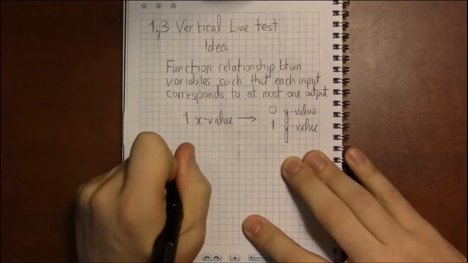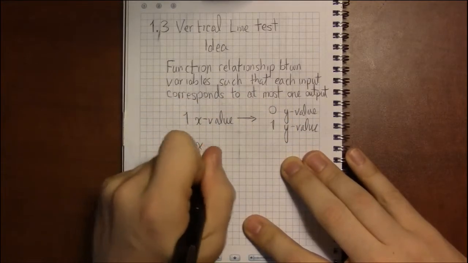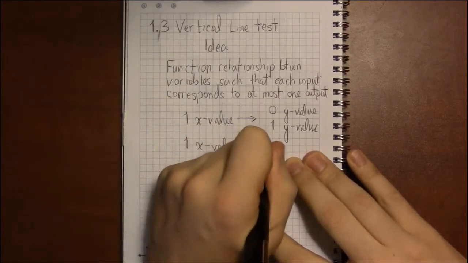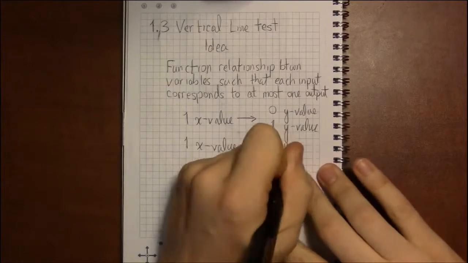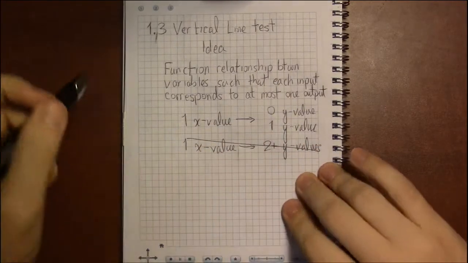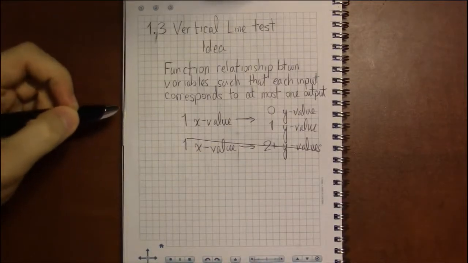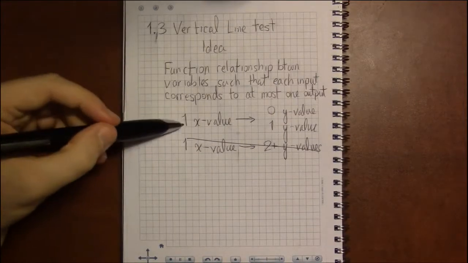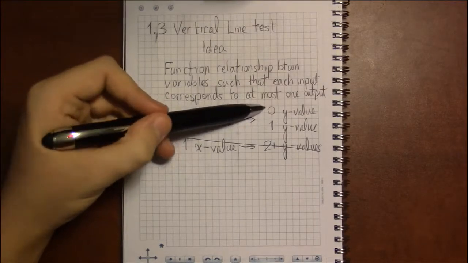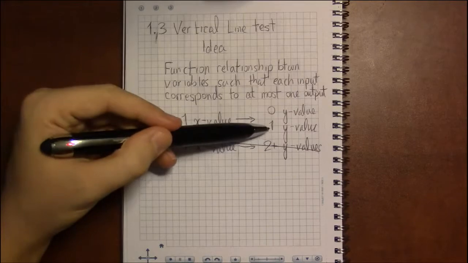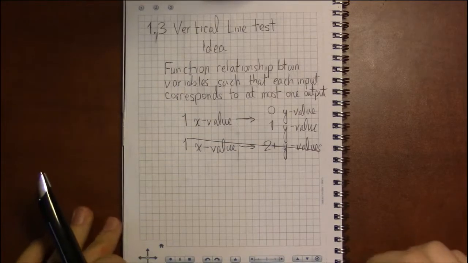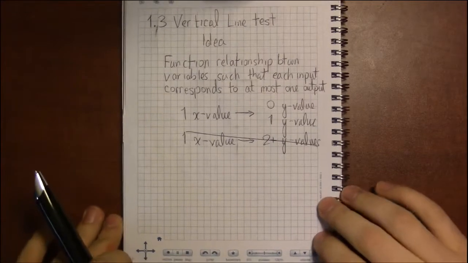We can't have the case where one x value goes to 2 or more y values. That can't happen in a function. It's either got to be the case that each x value goes to no y values or it goes to one y value. So graphically, what does this look like?